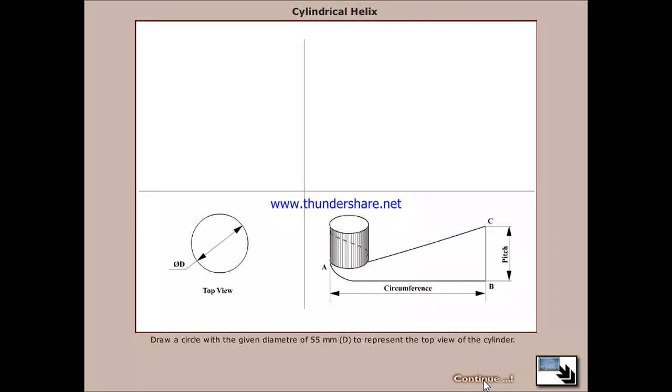Now let us start with a circle with the given diameter of 55 mm to represent the top of the cylinder. That is the top view, which appears as a circle, with the circumference as shown here.